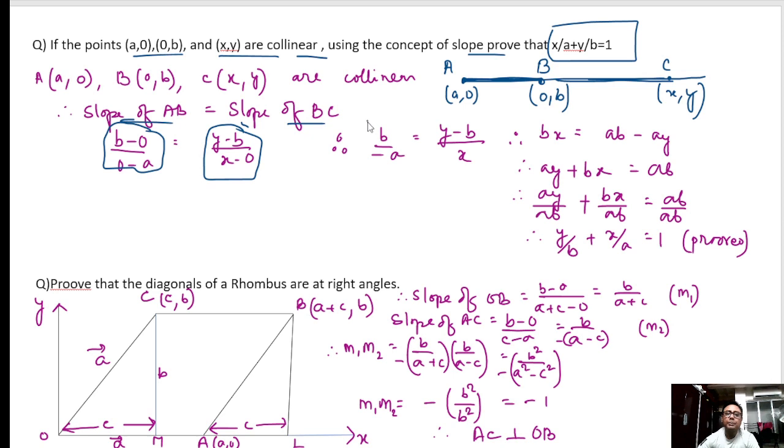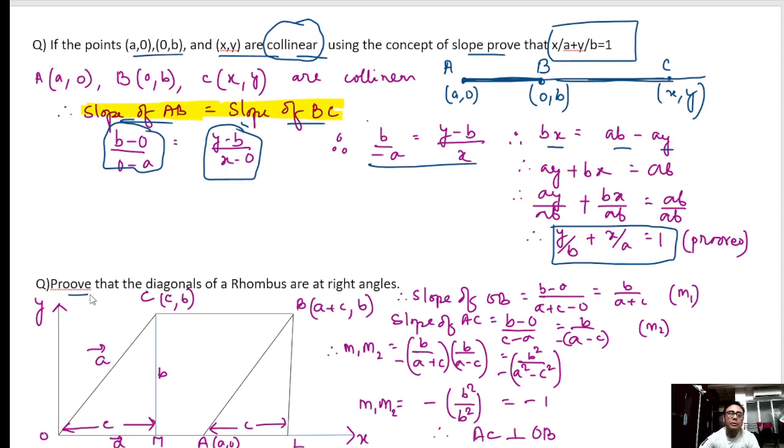So cross multiplication and dividing by AB on both sides, we get this relation, which is proved. So if you are collinear, that means on the same line, please make sure that the slopes of any two points will be equal.